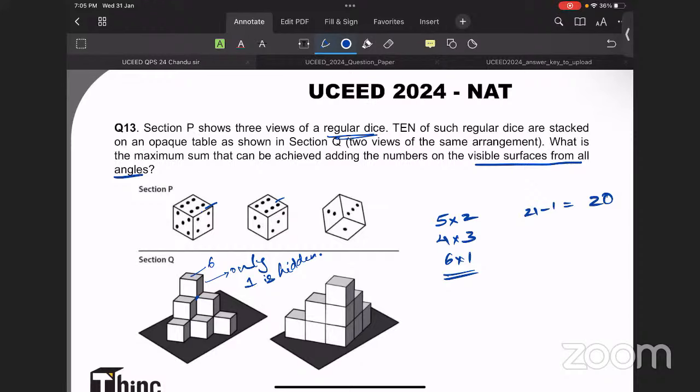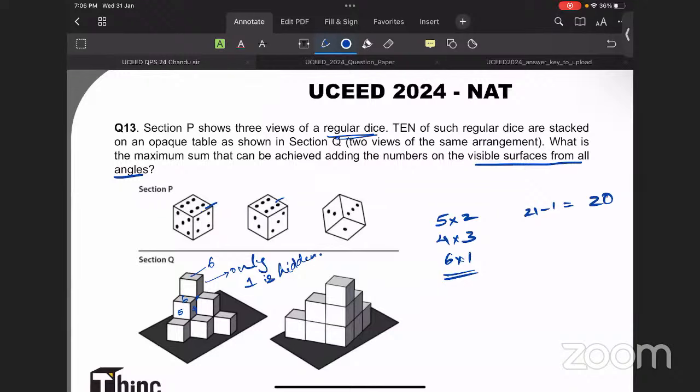Now comes the next one. How many surfaces are going to be hidden? 2 surfaces. I wish the hidden numbers to be minimum, that is my wish. So I will make 2 and 1 hidden. I will place 6 here, obviously 5 comes here and 4 comes here. Since 6, 5, 4 come here, the opposite of 5 as well as the opposite of 6 are hidden.